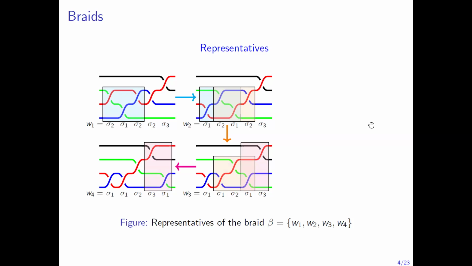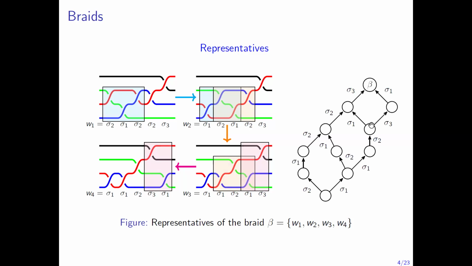Okay? So nothing new here, but I'm going to represent beta as a DAG with some relations just to have some more compact information about beta. Here we have beta on top, which is our braid, and at the bottom we have a node representing the empty braid, the trivial braid, and every node corresponds to a braid along the way.